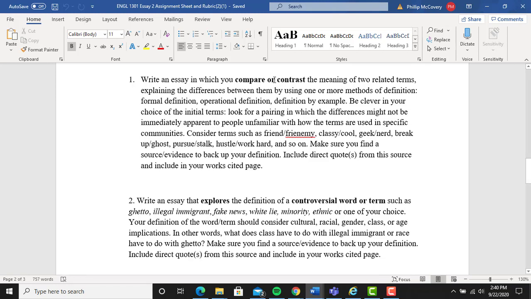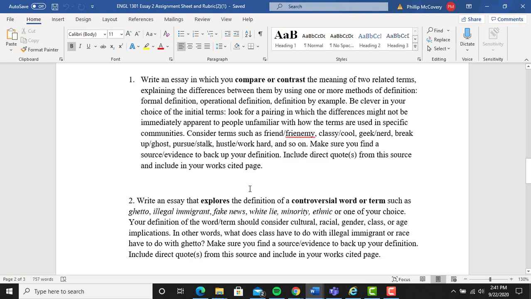And then use comparison and contrast to let us know, in a thesis statement, for example, many people believe this or that about hustling or hard work, but I'm defining hustling as, I'm defining hard work as, and I'm saying that these 2 terms, these 2 words are similar, but they're different in, and you fill in the blank. So that would be topic choice 1.